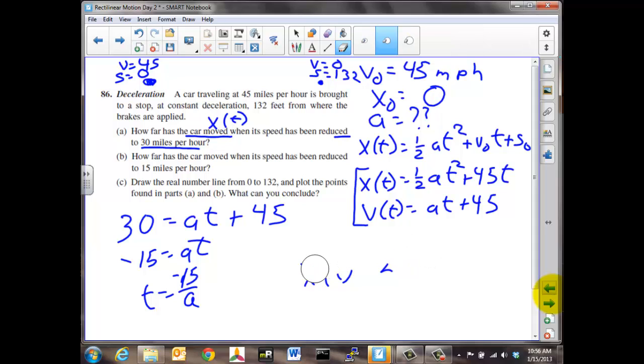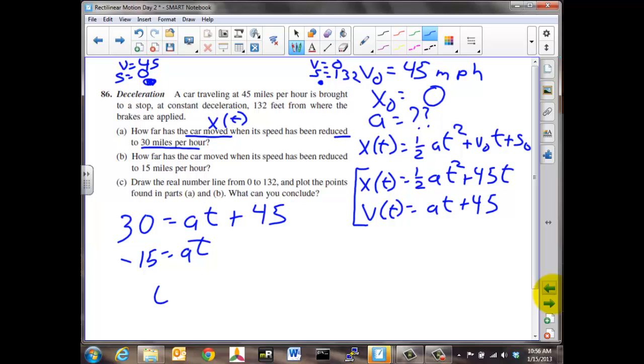I'm going to change what we're going to do here, okay? What if we solve this for t instead? Could we do that? Yeah, let's solve for A. I think that'll be easier. So A is negative 15 over t, and A t squared will be negative 15 over t squared.